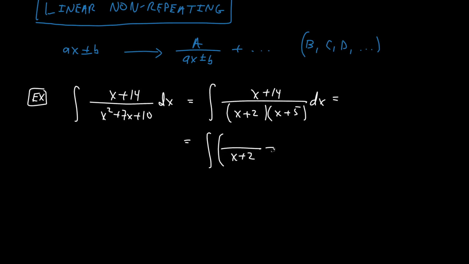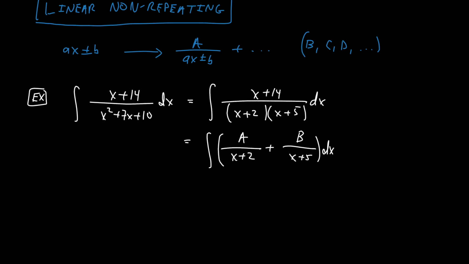We're going to decompose. So we take our x plus 2 and we take our x plus 5 and we throw on, because each of these are linear, right? They're power 1 and they don't repeat. You don't see multiple x plus 2s. There's no squared or cubed or something. You just put a constant coefficient, an A and a B.